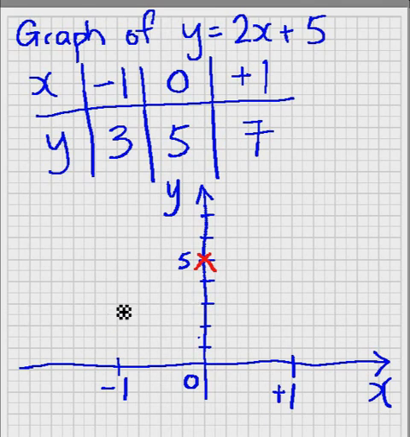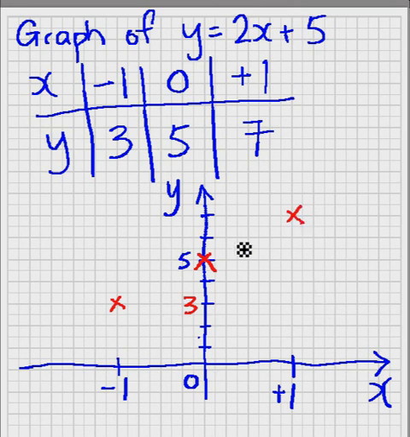So this is the point over here. The third point will be x is 1, y equals 7. So 1, 2, 3, 4, 5, 6, 7. This will be your x equals 1, y equals 7.